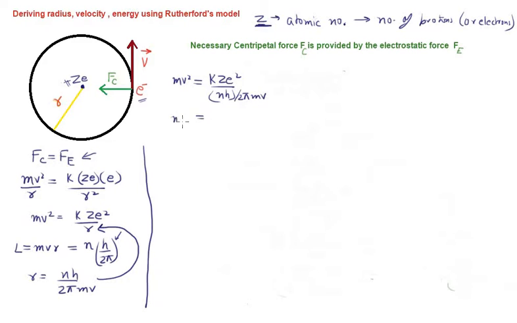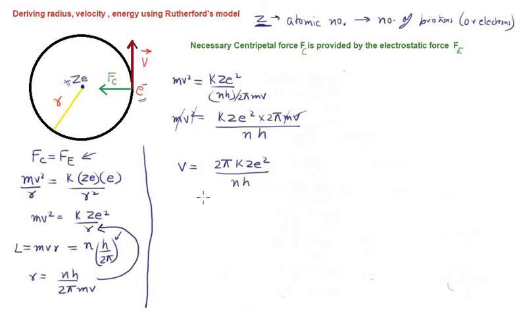So mv square will be equal to k Ze square into 2 pi mv by nh. Right? Now one v gets cancelled, and m will also get cancelled. So the value of v will be equal to 2 pi k Ze square upon nh.